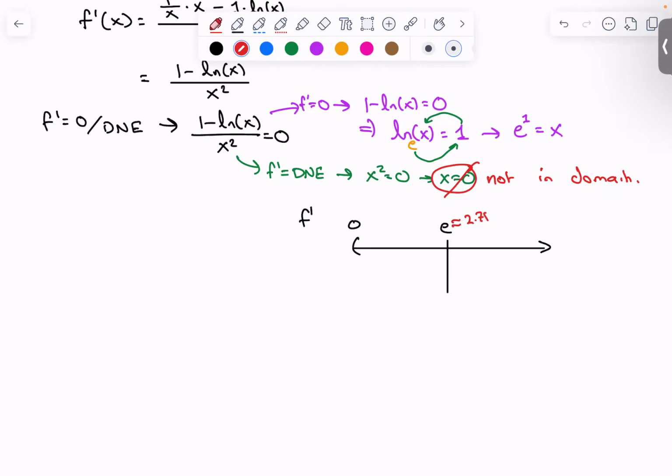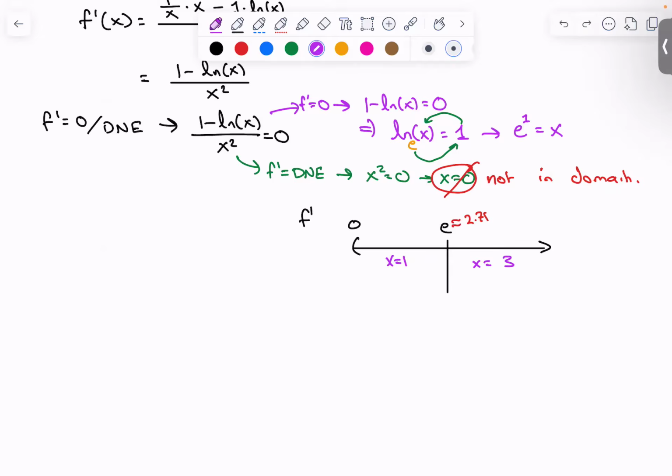So if we're going to choose some test points, we'll choose x equals 1 and x equals 3. You could choose x equals 2 for the first segment as well. Or I've had plenty of students do this where they go like 0.00001 just to troll me. It's fine if you want to.